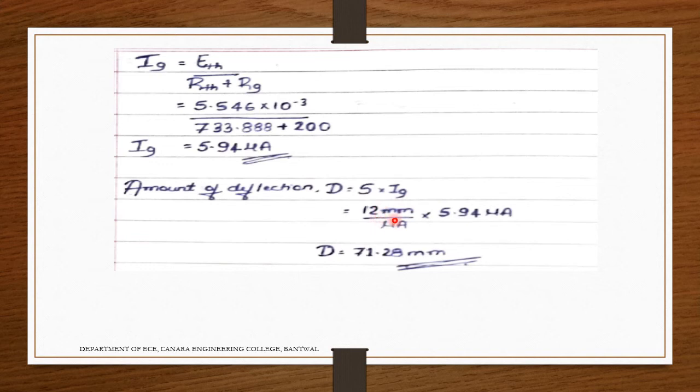S is 12 millimeter per microamp into 5.94. The microamp and microamps cancel, so the deflection left is D equal to 71.28 millimeter.